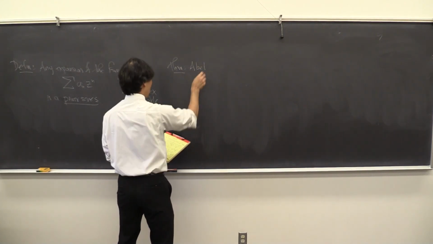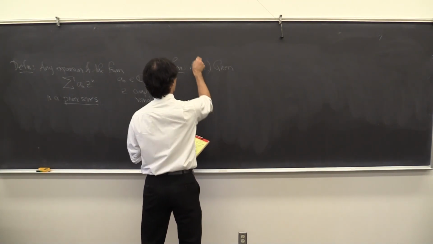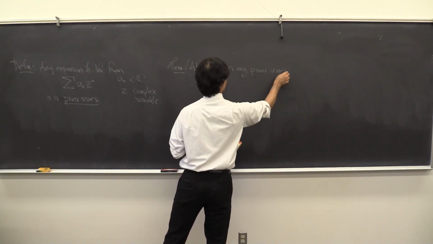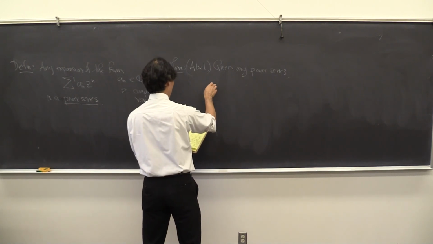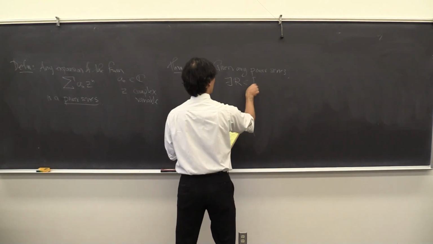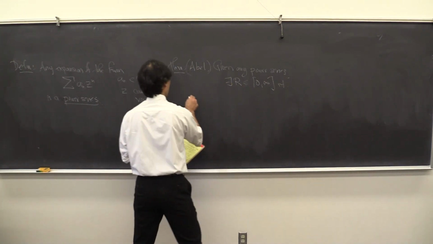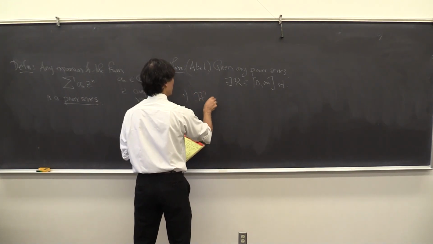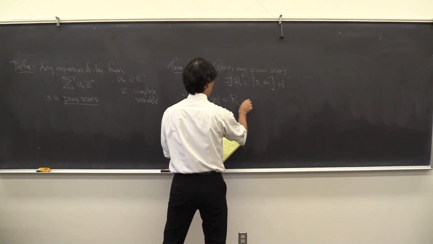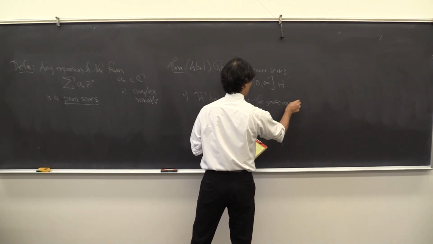This is the theorem of Abel: given any power series, there exists an R, which could be 0, could be infinity, such that if |z| is less than R, then the series converges absolutely.